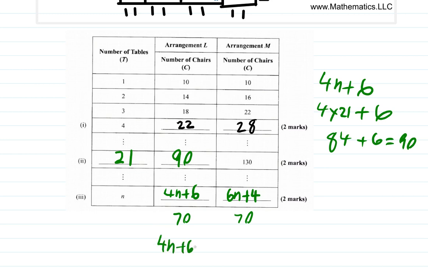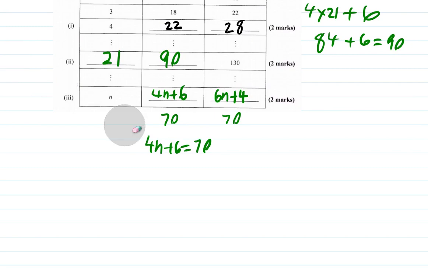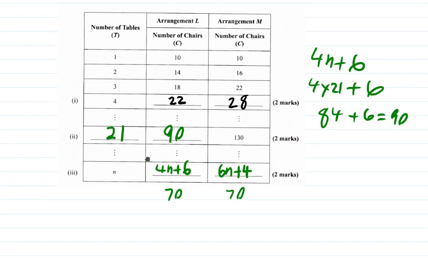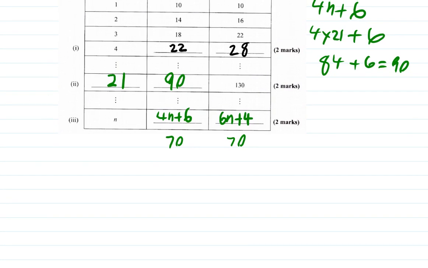4n plus 6 equals 70. For this arrangement, let me draw it a little further down. This is arrangement L. For arrangement L, 4n plus 6 equals 70.